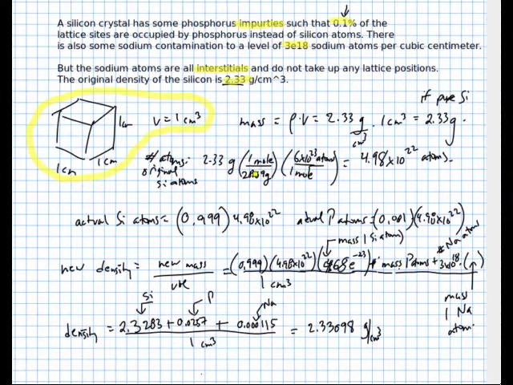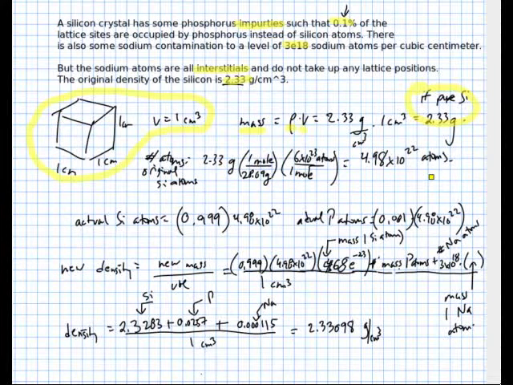So this is a way of thinking about these types of problems. Pick a volume. And once I've picked that volume, I can get the mass of all the atoms inside of it before we add any impurities and before we add the sodium. I'll get the mass, which is density times volume, which gives us 2.33 grams if it was pure silicon.